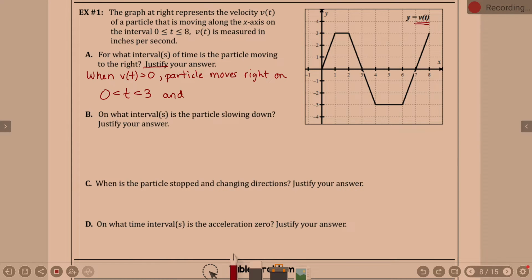And what was the other one we said? 7 less than t less than 8. Your justification is getting in there that you know the particle moves right when the velocity is positive. That is your justification there. Obviously, put a coherent sentence, not just v greater than 0 and then your answer. Okay?